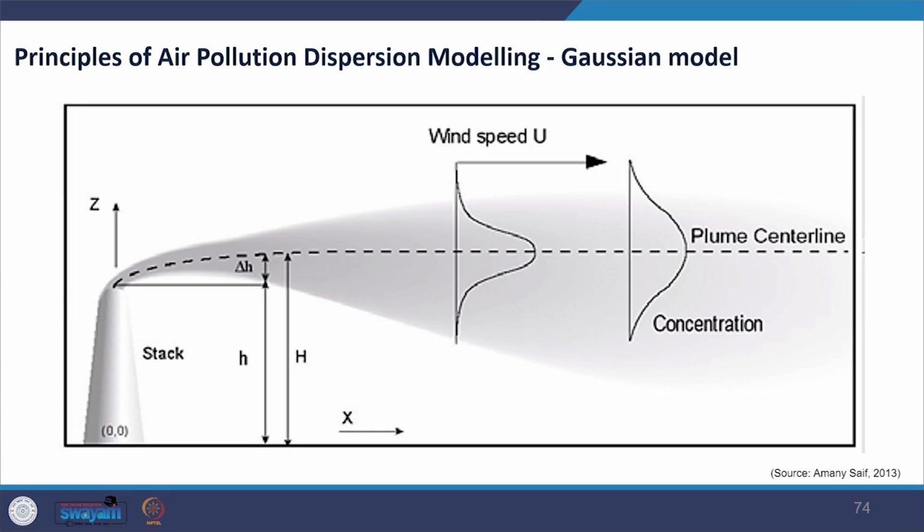Further, the rate of dispersion of the plume is a function of atmospheric turbulence. So what happens in the atmosphere really influences the rate of dispersion. Atmospheric turbulence is based around simple meteorological parameters like solar radiation, cloud cover, and mean wind speed, and it is expressed in the form of 6 or 7 Pasquill stability categories.